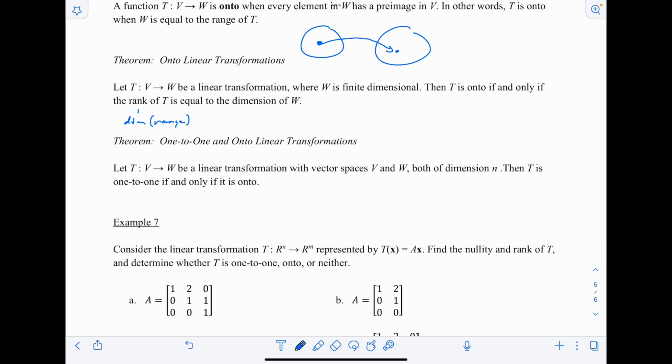And then finally, it is both one-to-one and onto. We'll just read this. Let T be the linear transformation with vector spaces V and W, both of dimension n, so they both have to be the same dimension. Then T is one-to-one if and only if it is onto. So if it's onto, it's one-to-one. If it's one-to-one, it's onto, assuming that the dimensions are the same.